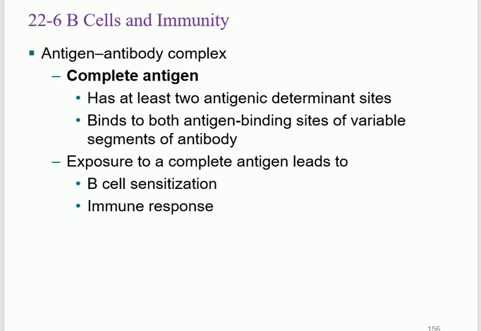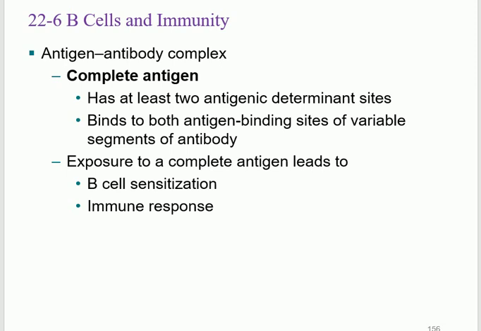Once you go into the body, it will start the process against you, and all what we talked about: APCs followed by B cells, antibody, and the cytotoxic T cells. All this process can start if this is a complete antigen.